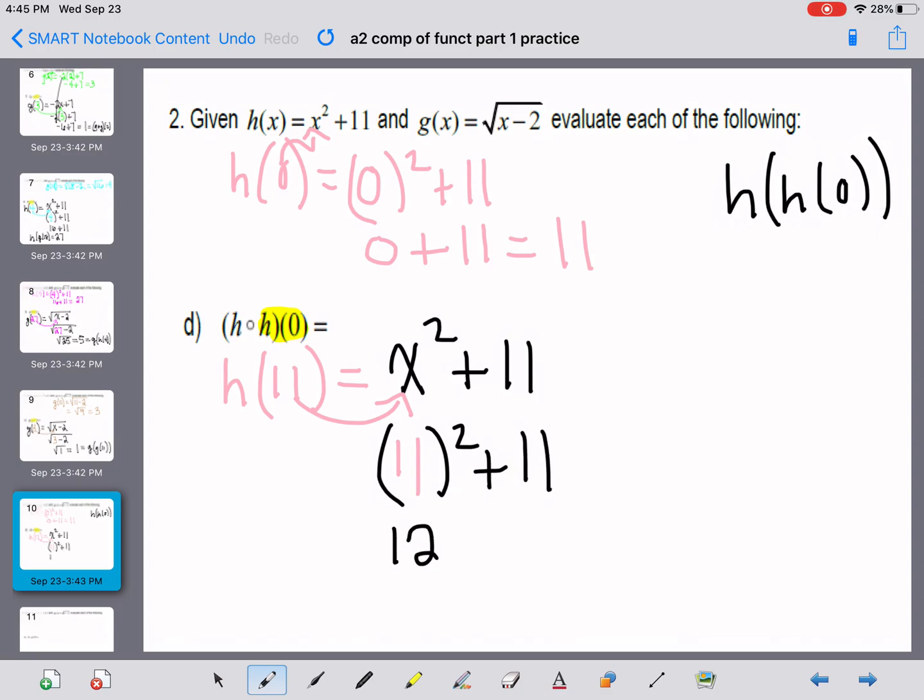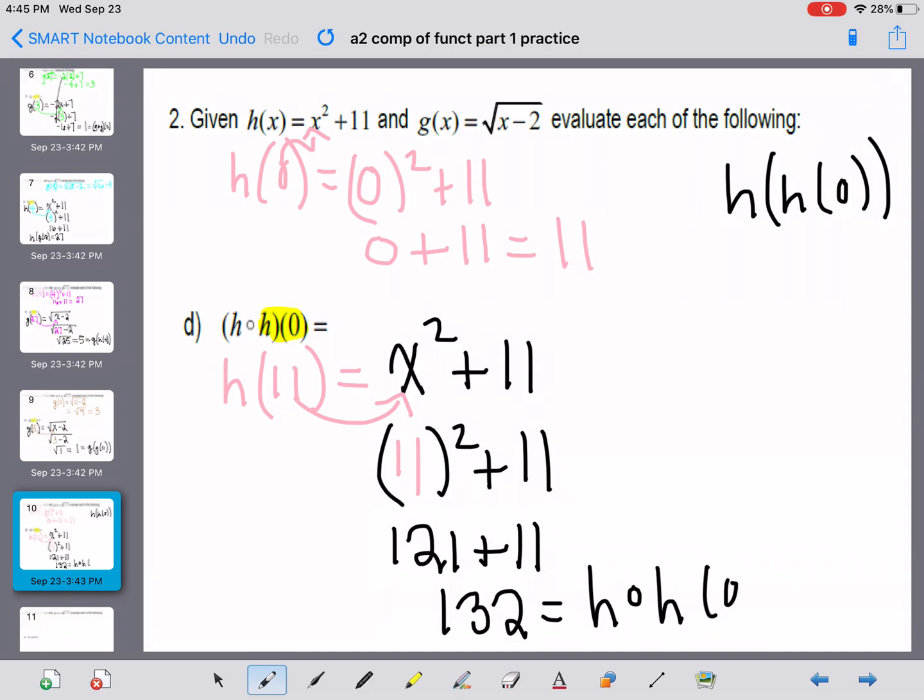It's 121 plus 11. And when we add those together, we get 132, which is h of g of 0. One too many parentheses there.